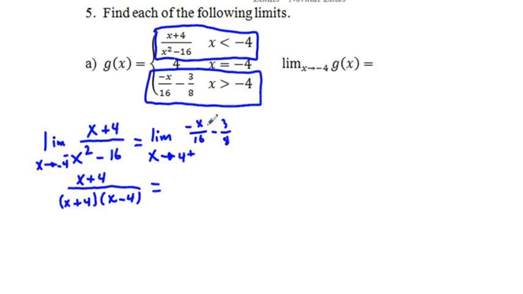And our right side limit, we can just plug in 4, negative 4, so we have negative 4 over 16 minus 3/8. I'm going to change this 3/8 into 16ths by making this 6/16. And so on the left side, we have x plus 4 over x plus 4 canceling each other. So we have 1.